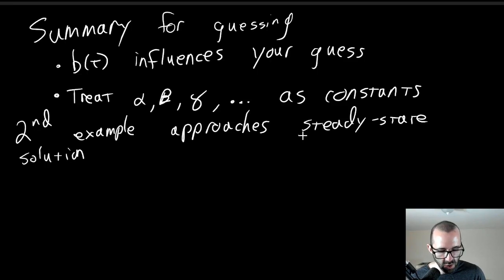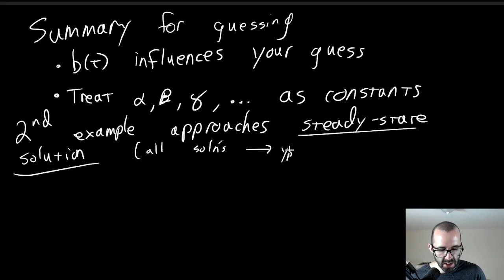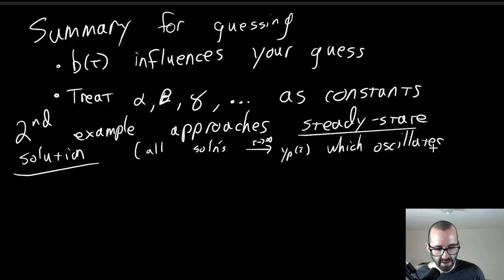So we're not going to get too precise in our definition for it. We're just going to say all solutions approach the particular solution as t goes to infinity, which oscillates periodically.